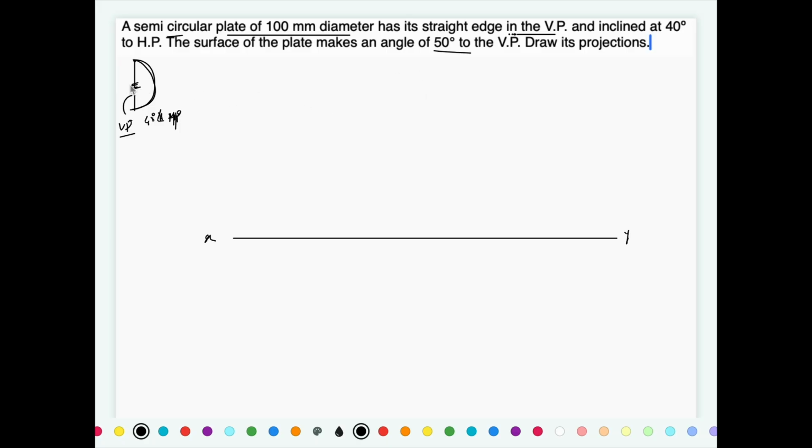Now, this semicircular plate has its straight edge in VP, and its surface is inclined to VP.